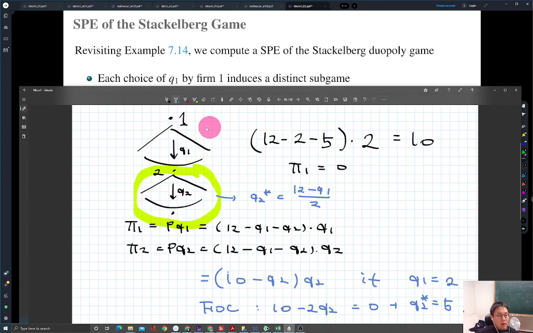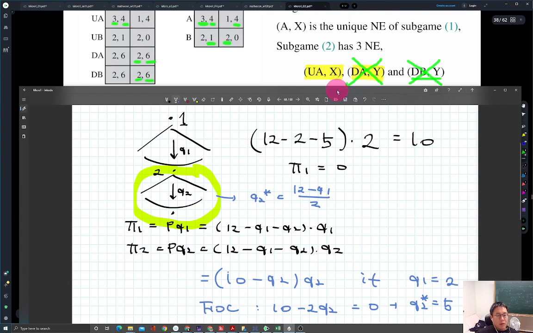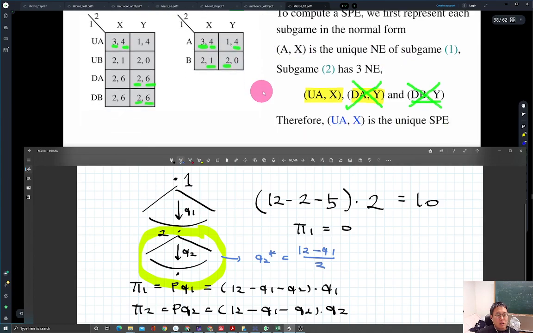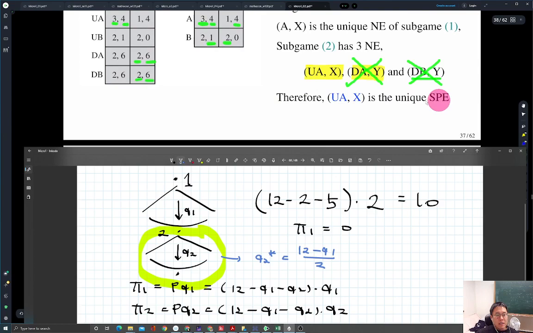Now we are going to consider Nash equilibrium play in the entire game. But we know that if we restrict to this subgame, player 2's equilibrium strategy, I mean SPE, should be this one. Just like in the previous example, we know A comma X is the unique Nash equilibrium in this subgame. So if some strategy is an SPE, its restriction to this subgame should be A comma X.